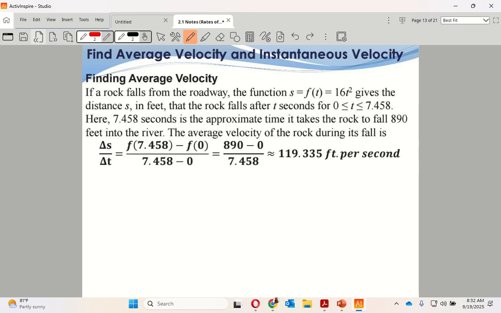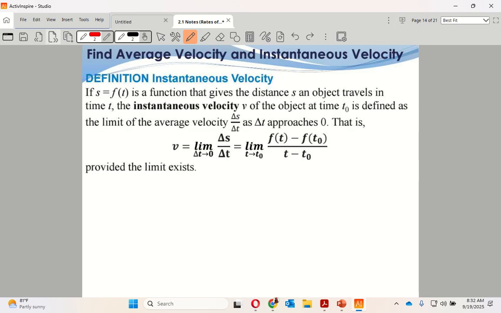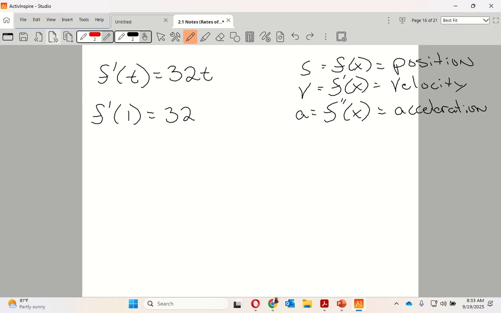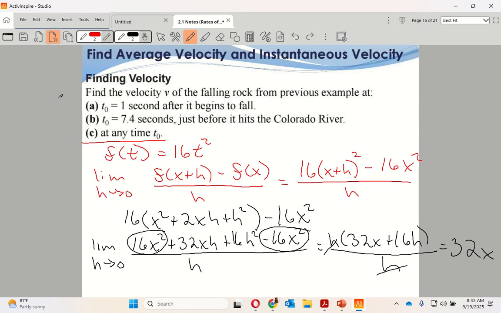Okay, yeah, it's feet per second. So we're not talking about acceleration. All right, next one. It was asking for 7.4.